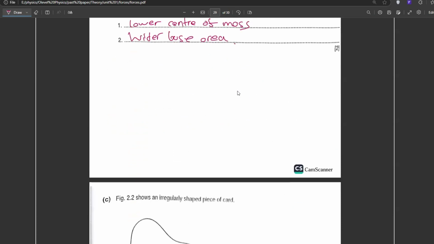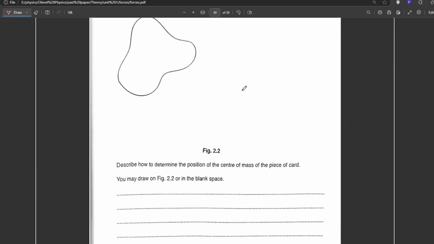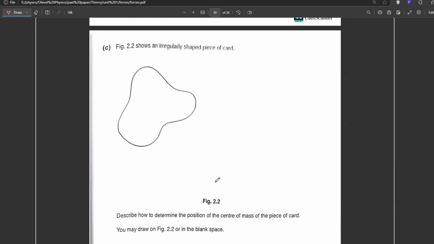Let's further move ahead. Figure 2.2 shows an irregularly shaped piece of card. Describe how to determine the position of the center of mass of the piece of card. You may draw a diagram on figure 2.2 in the blank page. So basically, you will perform a plumb line experiment, somewhat like this.